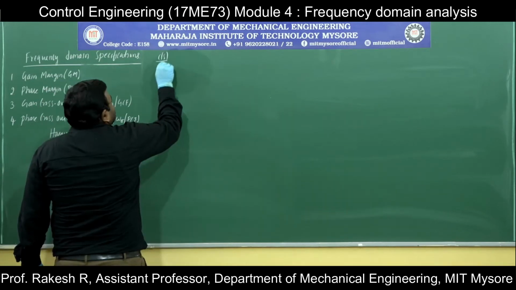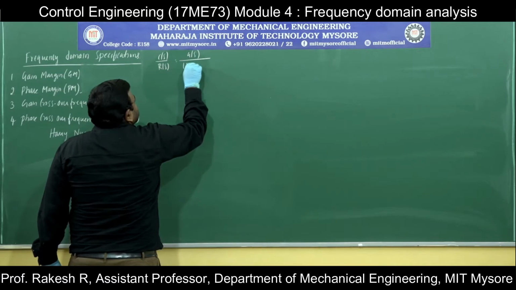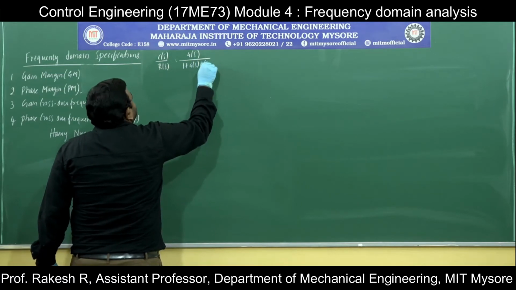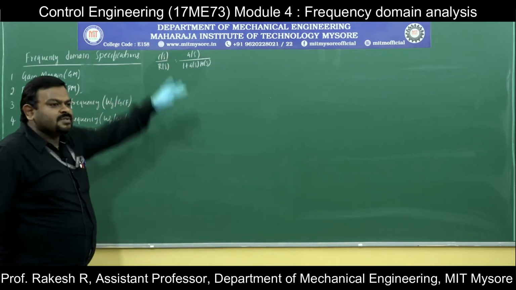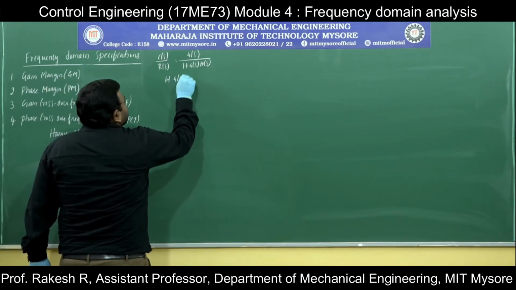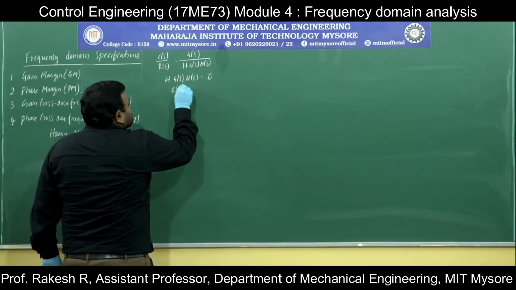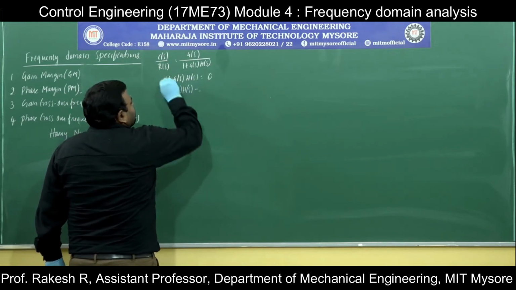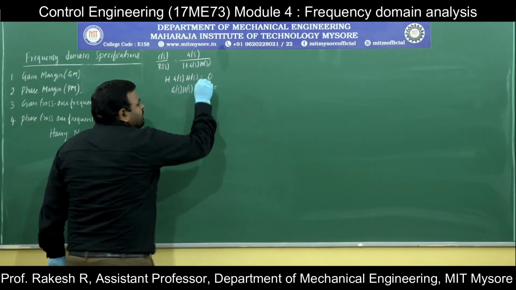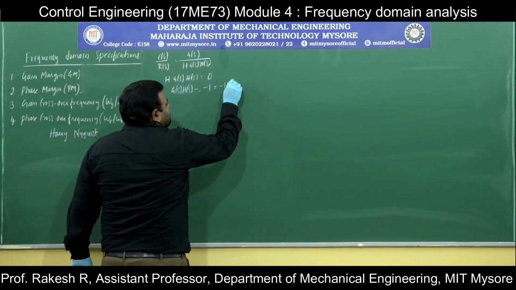Consider the closed loop transfer function G of s divided by 1 plus G of s into H of s. If you solve the denominator 1 plus G of s H of s equal to 0, then G of s H of s will be equal to minus 1. If I express minus 1 in complex form, it is minus 1 plus j0.